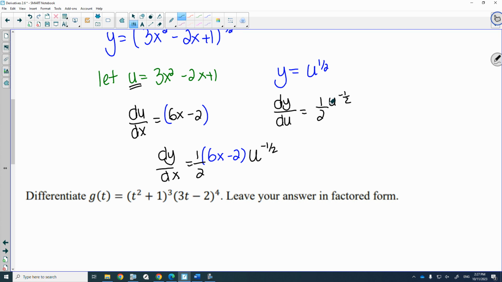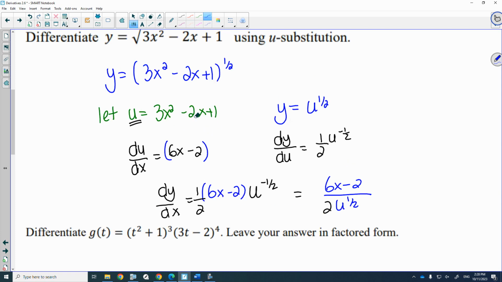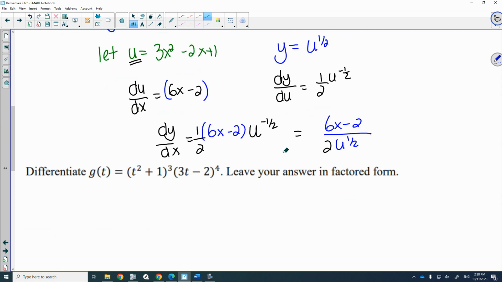That u is going to come down. So I'm going to have in my numerator 6x minus 2 over a 2, u to the 1/2. U is going to come out, and this will go in, and I'm going to write it as a radical. So 6x minus 2.